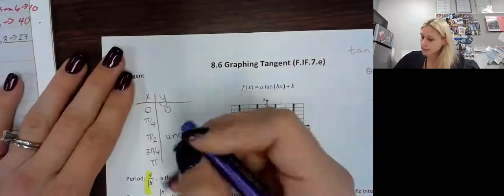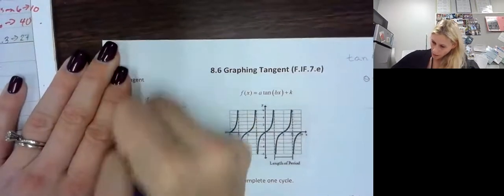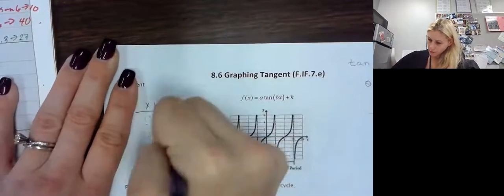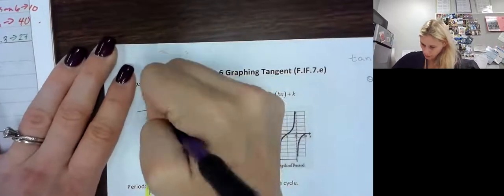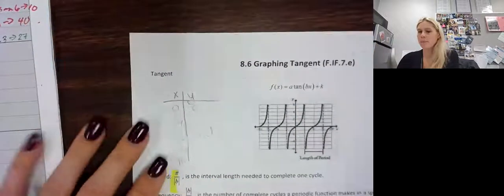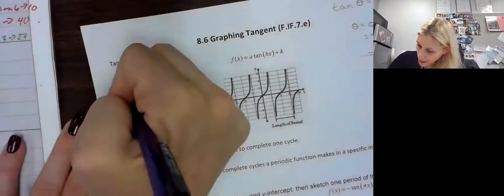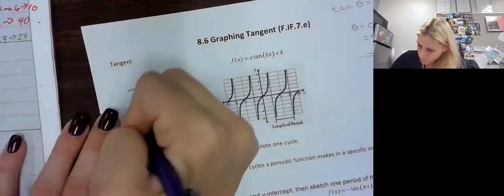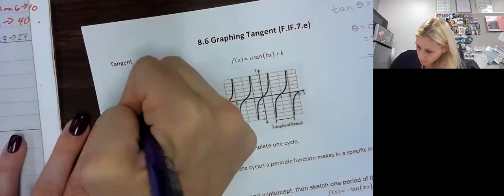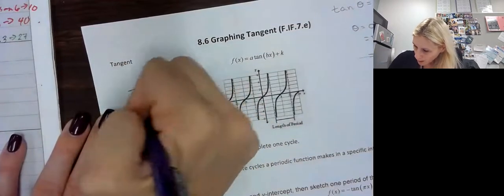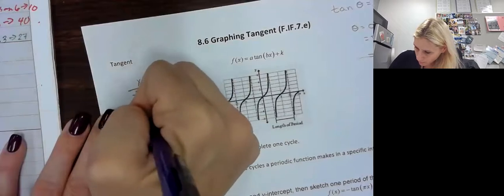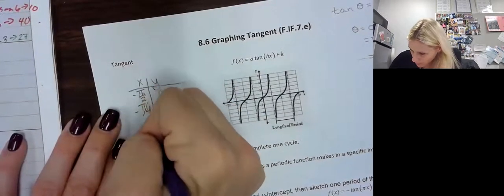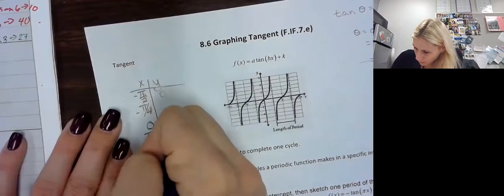So sorry for erasing, but I want you to get the full effect of what tangent looks like. So I want you to use this part of the table. We're actually going to go from negative pi over 2, negative pi fourths, 0, pi fourths, pi over 2.